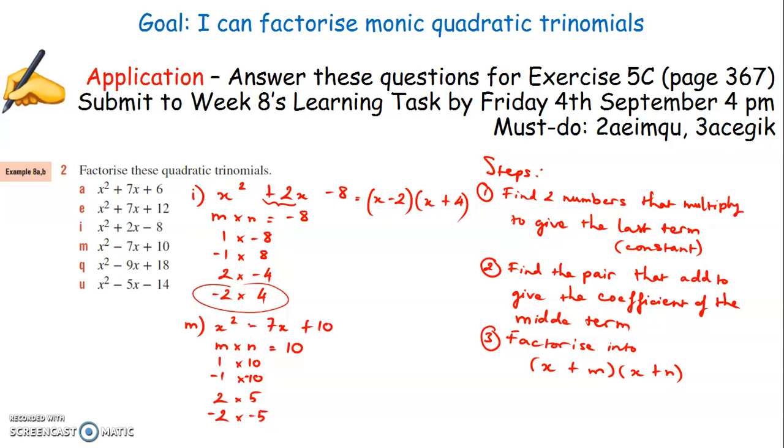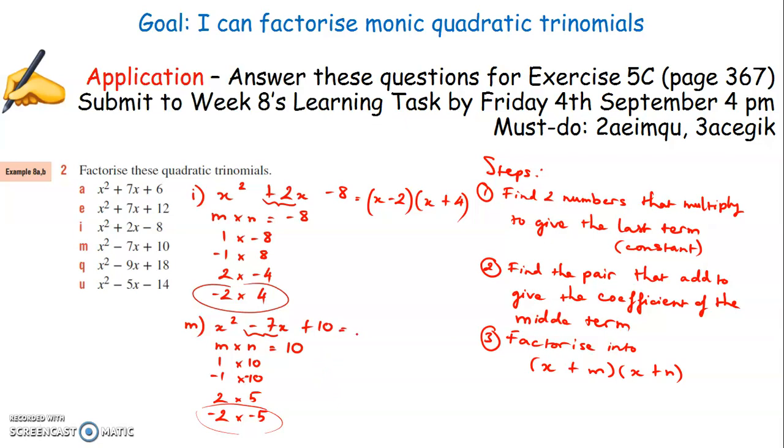We want a pair that adds up to give us negative 7. So 1 plus 10 is 11, that's not right. Negative 1 plus negative 10 is negative 11, again not right. 2 plus 5 is 7, that's not right. And so our pair is negative 2 plus negative 5, which gives us negative 7.